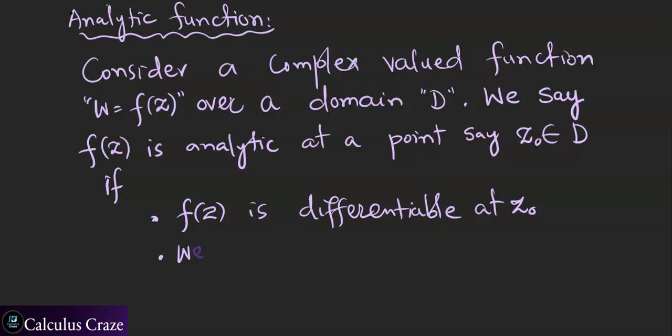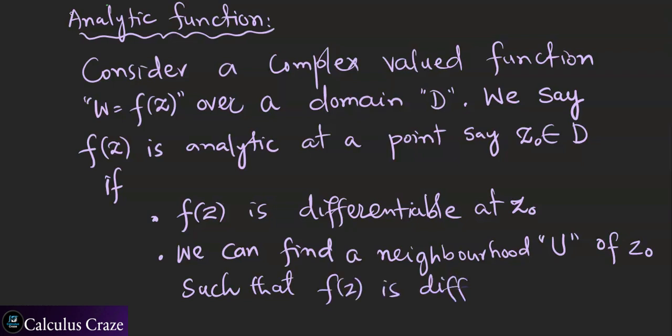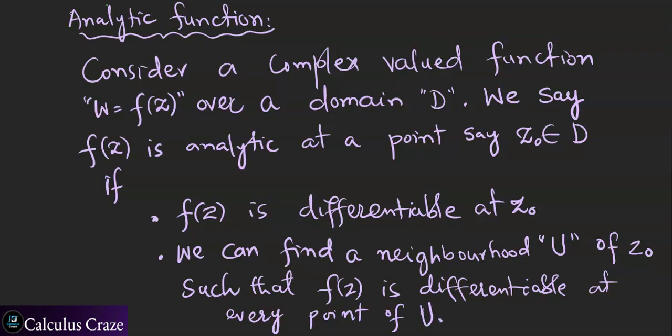Additionally, we can find a neighborhood u of z naught such that f of z is differentiable at every point of u.